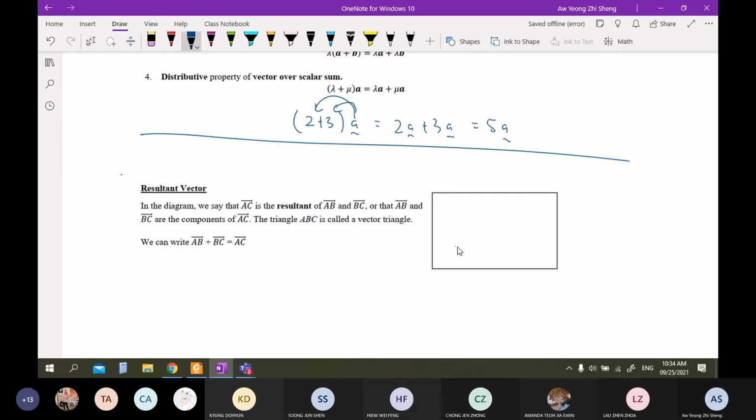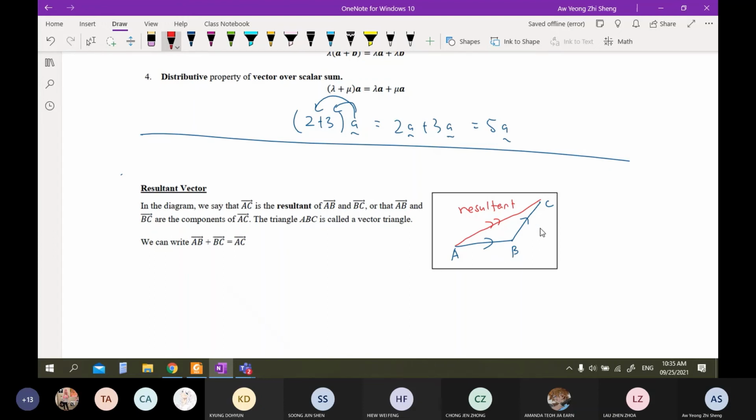So if you have A to B this way, and B to C this way, then A to C will be known as a resultant of AB and BC. We can also rephrase it and say AB and BC are the components of AC. And the triangle ABC is called a vector triangle.